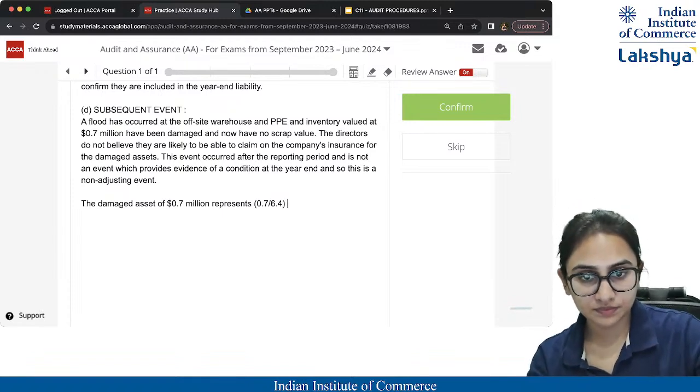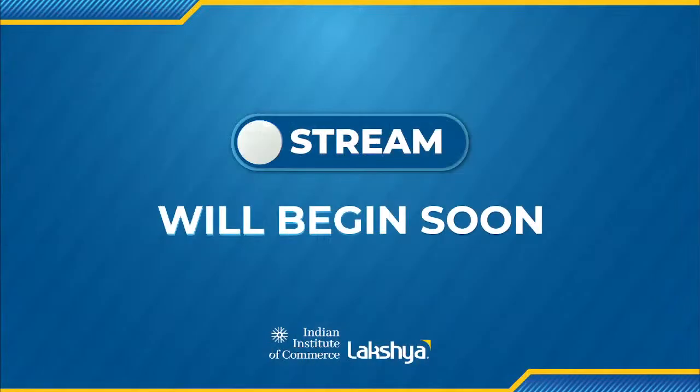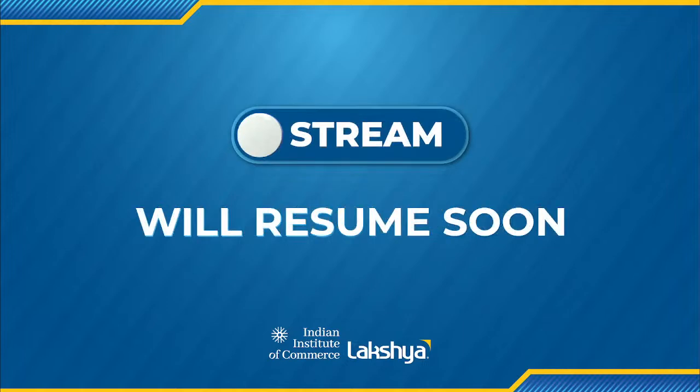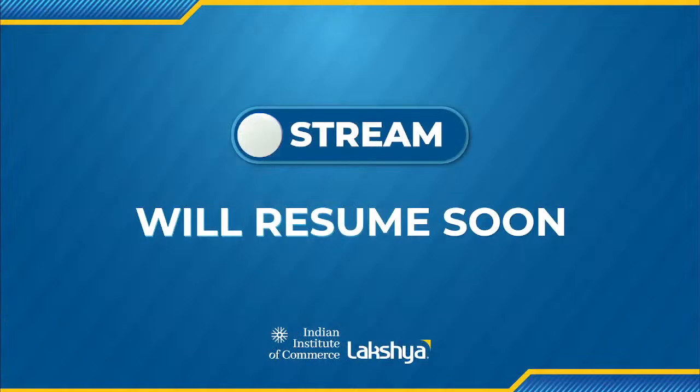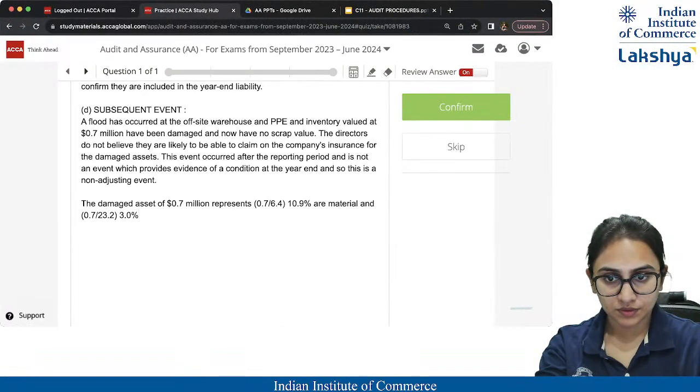So it represents how much? 3.0% of assets, and both are again material.